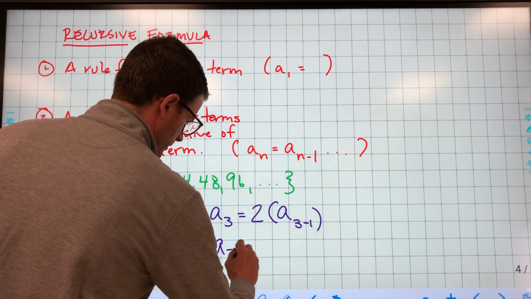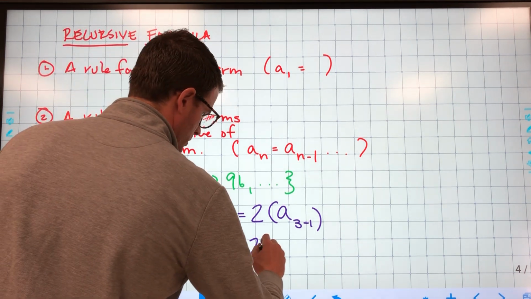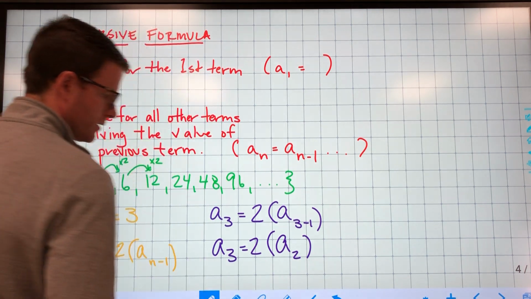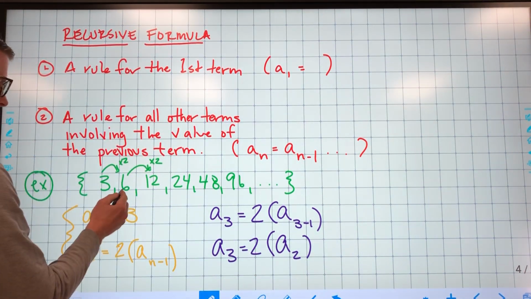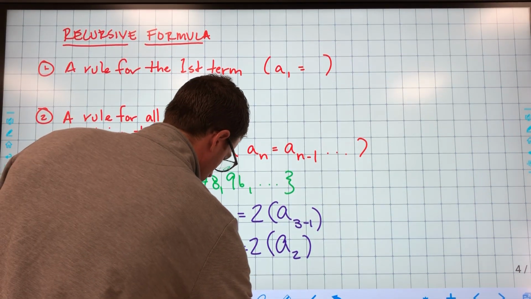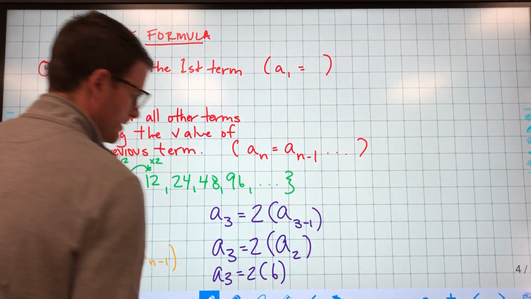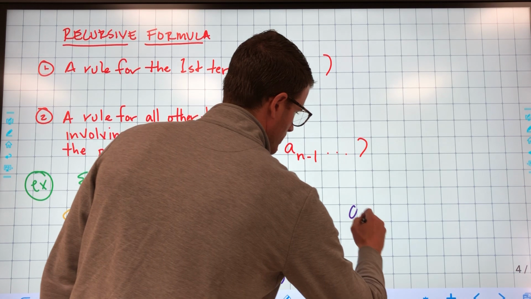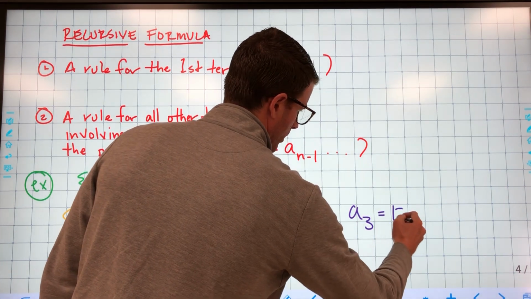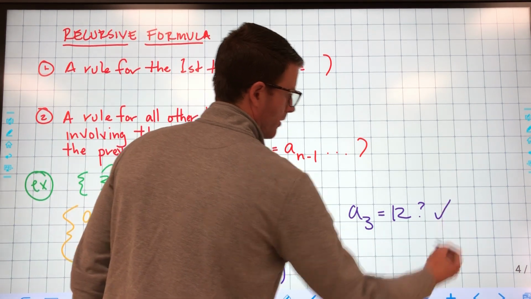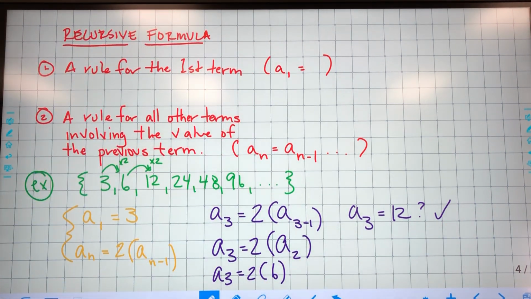Next line, the value of the third term is going to equal 2 times a sub 2. Well, a sub 2 is 6. So the third term is 2 times 6, which is 12. Is that true? Yeah, it is. So we know that our recursive formula is correct.